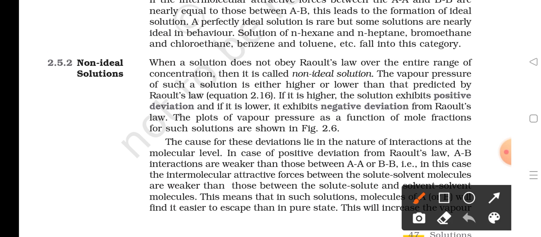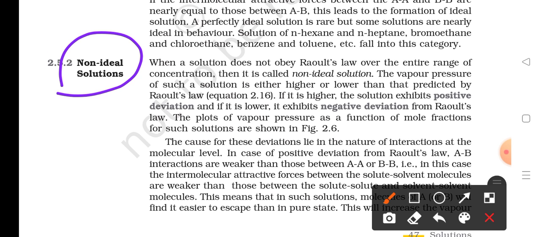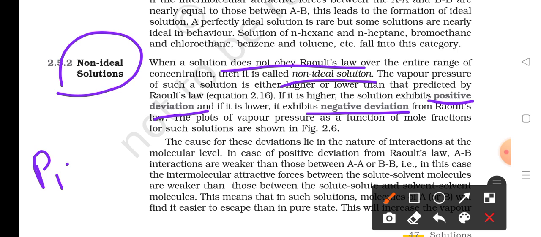So what is a non-ideal solution? Those which don't obey Raoult's law are known as non-ideal solutions. In the case of non-ideal solutions, we have two types: one is positive deviation, another is negative deviation. Non-ideal solution means they don't obey Raoult's law.